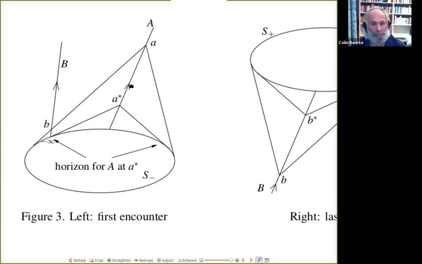Okay. And there's a point A star here when the light paths going backwards from A pass tangent to S minus at the point where B, it's minus infinity on the geodesic for B. So what's happening? As we're moving along here, we don't see B at all. There's a point at which we start to see B suddenly.